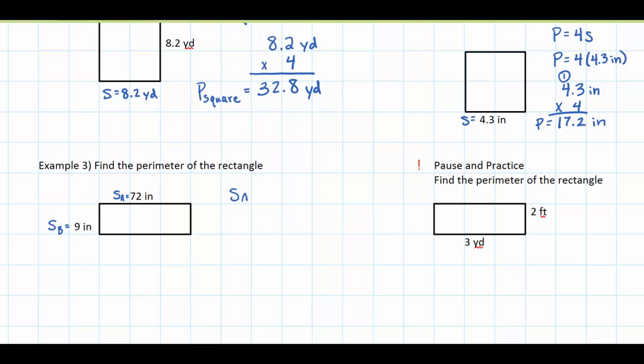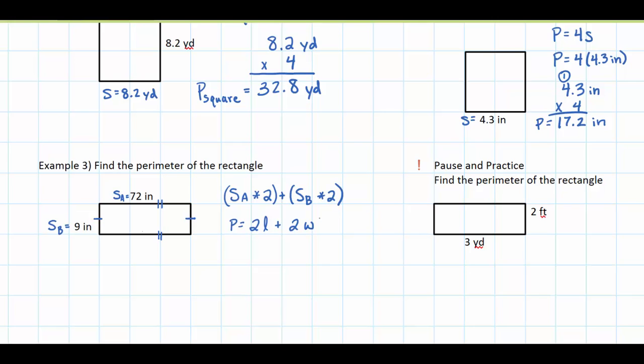So we're going to have side A times 2, because this one is the same length as this one, plus side B times 2, because there's 2. This one is the same length as this one, and we need to add all the sides together. So the perimeter is 2 times the length plus 2 times the width.